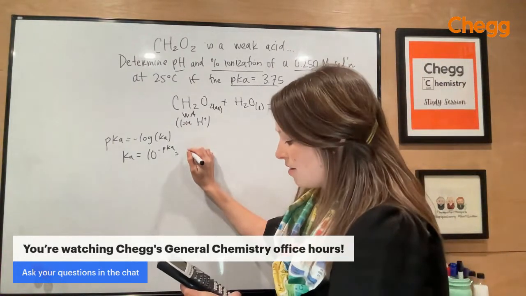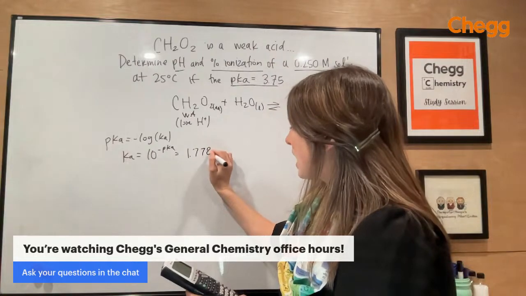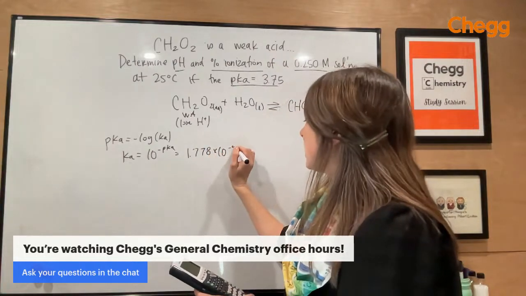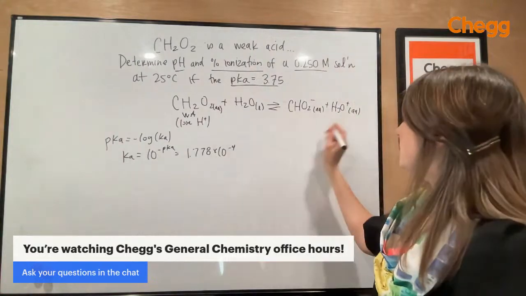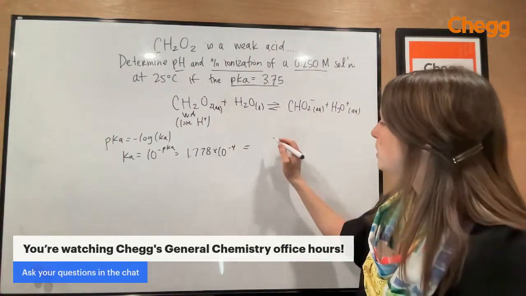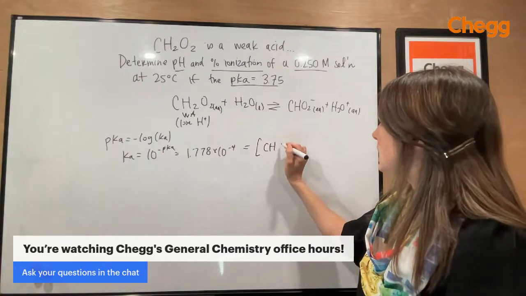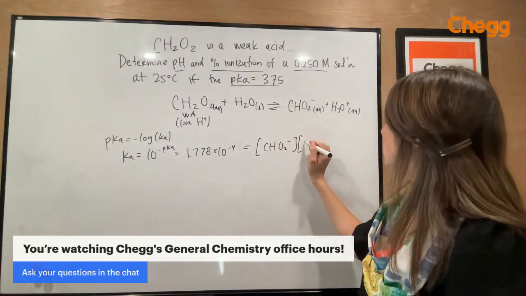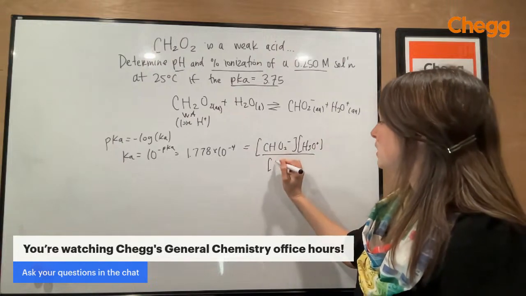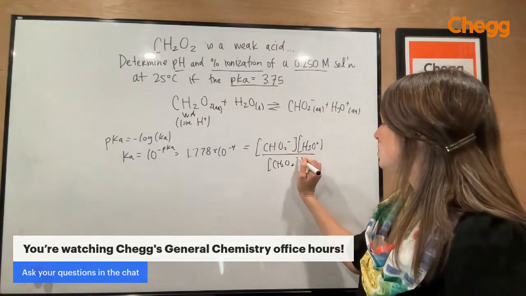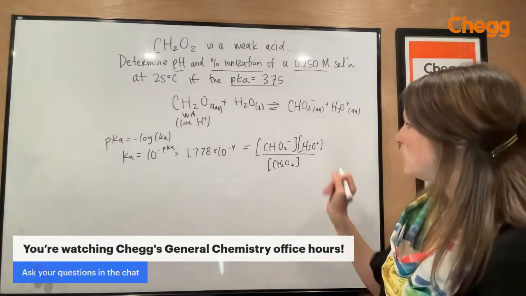All right, so my Ka value is 1.778 times 10 to the negative 4. So what is that Ka expression equal to? It's going to be the concentration of your products over your reactants. So this is CHO2 minus times H3O plus over CH2O2.